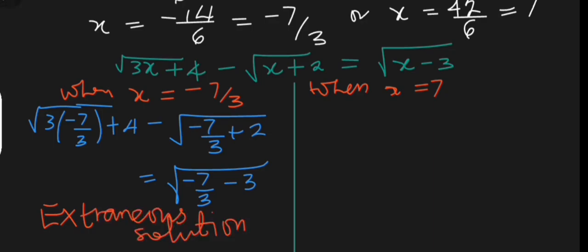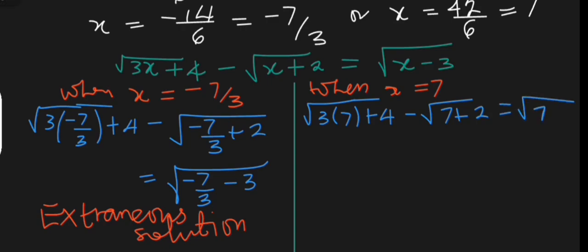Then for when x is 7, the left hand side is the square root of 3 times 7 plus 4 minus the square root of 7 plus 2, and on the right hand side is the square root of 7 minus 3.